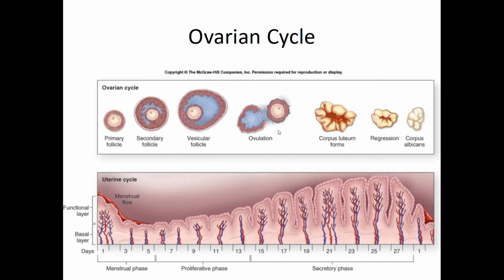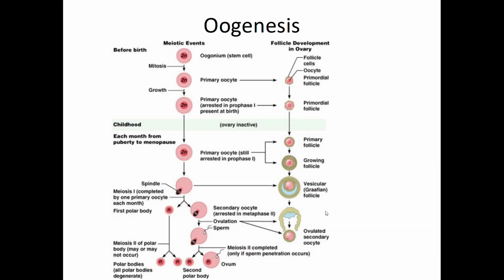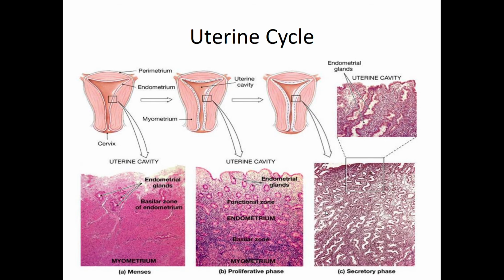All right, so we're back. We've got this cycle. Everything's coming together with the ovarian cycle and the uterine cycle, and we have that whole process. So the uterine cycle, we can look at the details of what's going on here. During menses, there's the shedding of this entire surface of the uterus.